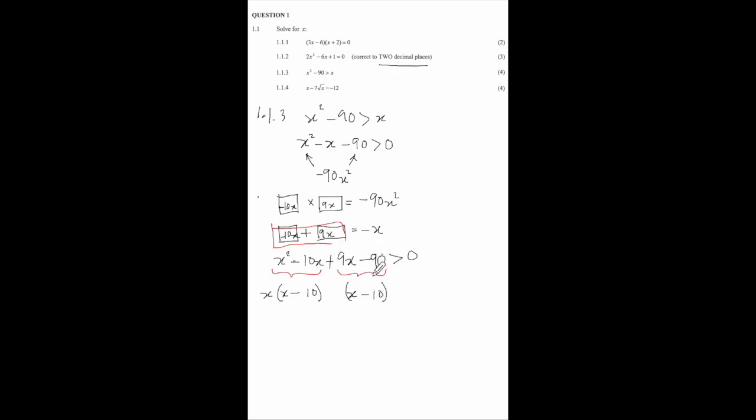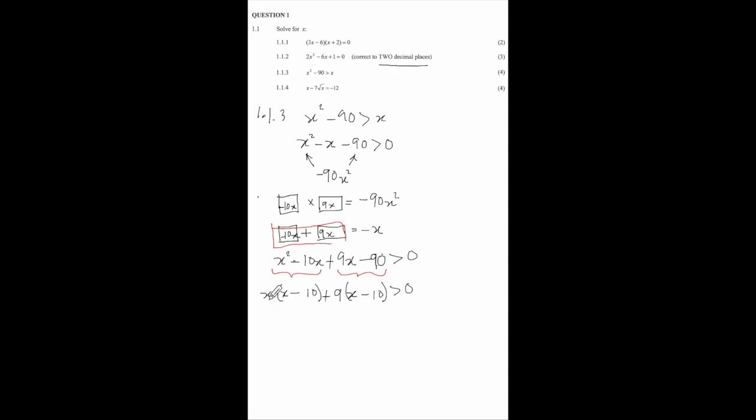If I don't know exactly, I try some numbers. What do I divide 9x by in order to get x? I would eventually see that I have to factor out positive 9, because if I divide this by positive 9, I get x. If I divide this by positive 9, I get negative 10. Greater than 0. Let's not forget that.